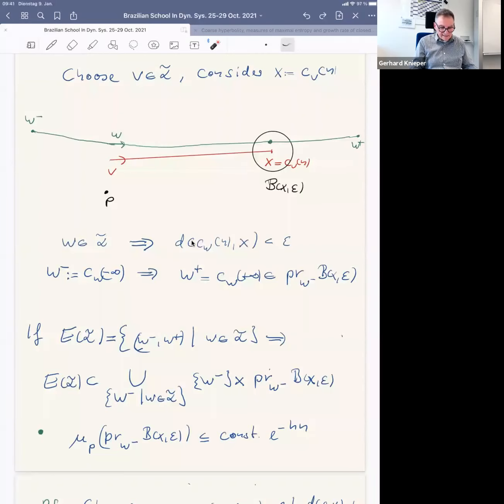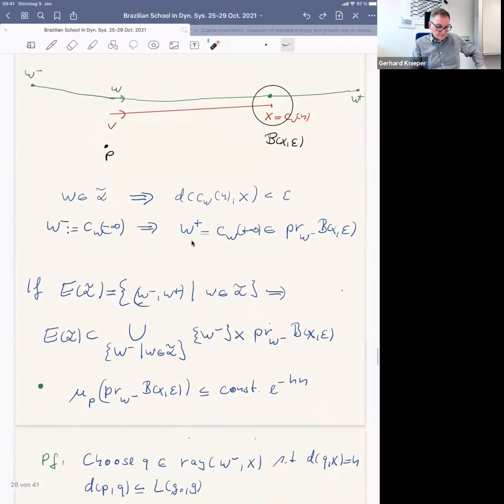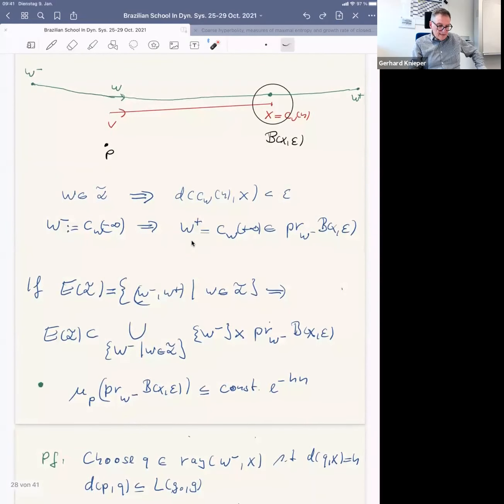And this kind of description is useful to compute now the measure. Namely, you have now two factors, the first factor and the second factor. The second factors are always projections of balls, of the same ball actually, but the point where you shadow from will change.